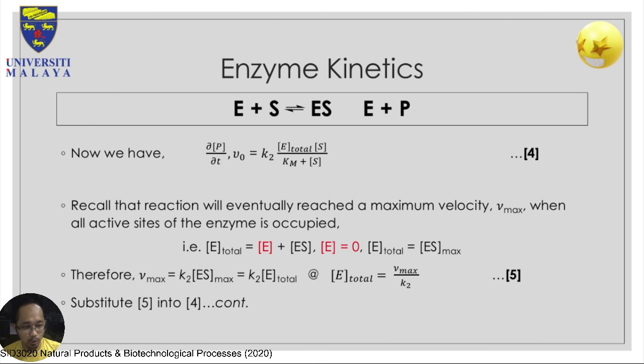So when you consider reaction number 4, you need to recall that the reaction will eventually reach a maximum velocity. So at one point you will reach Vmax, and this Vmax can be achieved when all the reactive sites of the enzyme have been occupied.